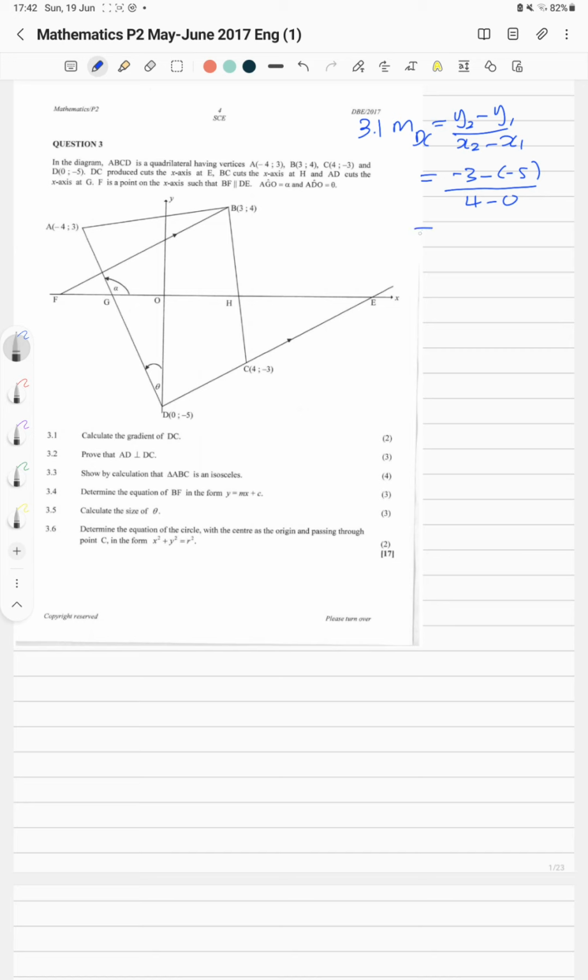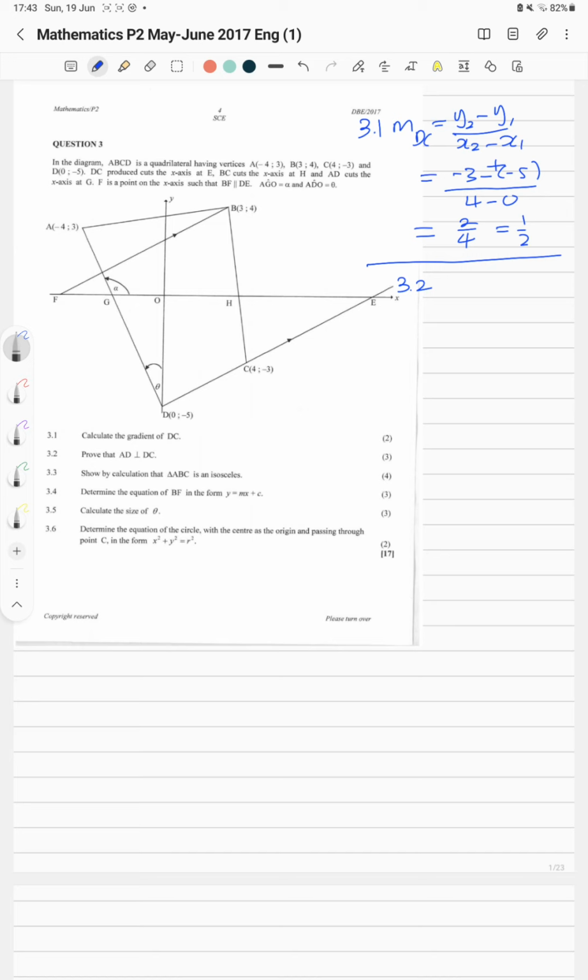Please do not make any mistakes in your substitution. It's important you do this carefully. Punch the whole thing on the calculator, or I'm working manually: minus 3 plus 5 will leave me with 2 over 4, and the final answer there is half. Right, that completes 3.1, just the gradient, 2 marks. Make sure you bank it.